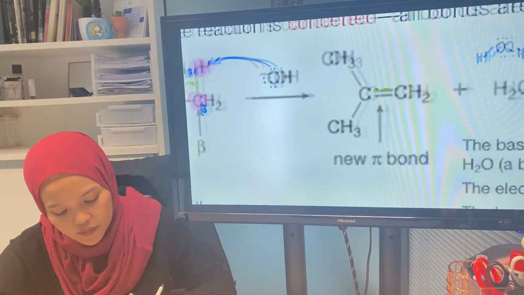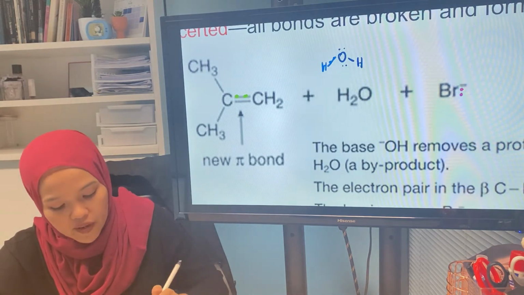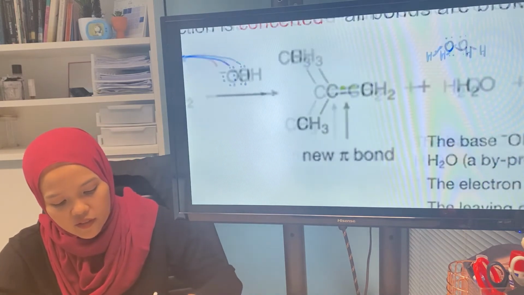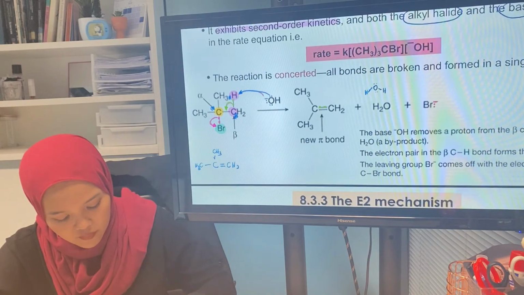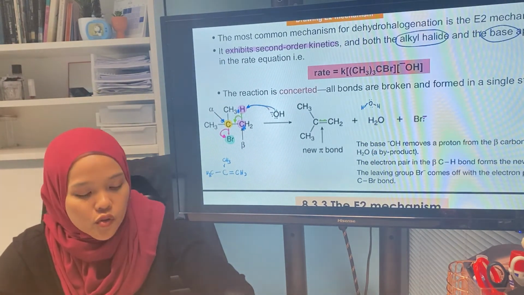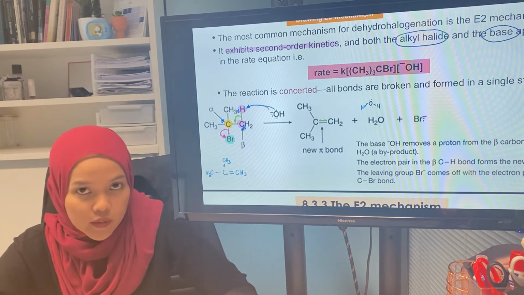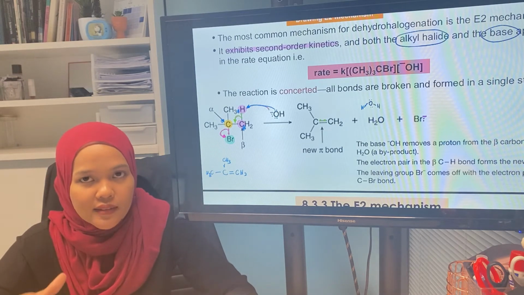So on the Br here you have 2 pairs of electrons, and that's why it has the negative charge. Can you see it? So now you can see these are the steps of the reaction to produce your alkene and also the byproducts. I hope it is clear how the mechanism goes.